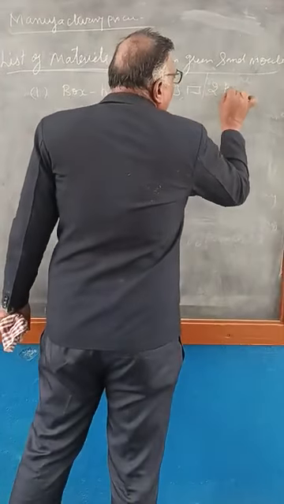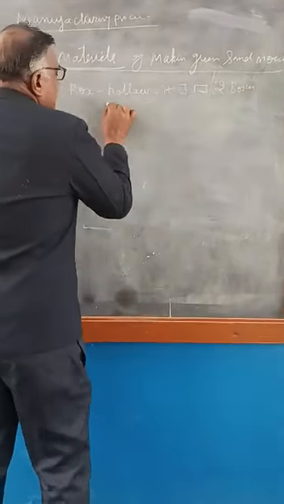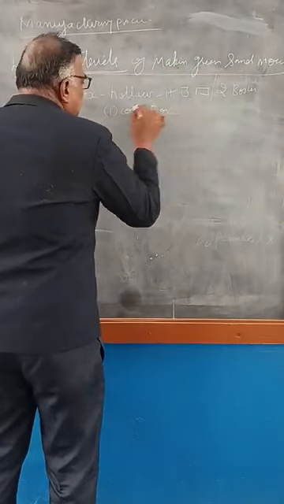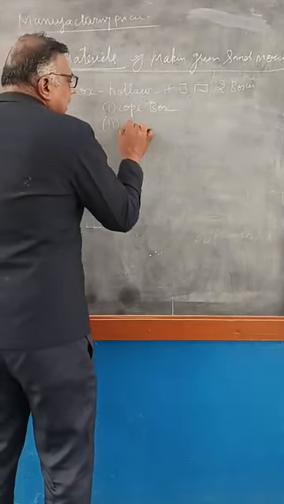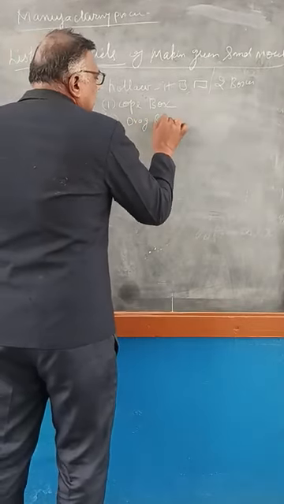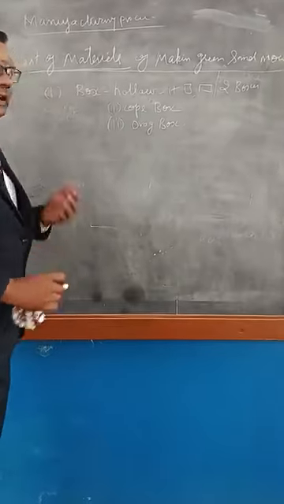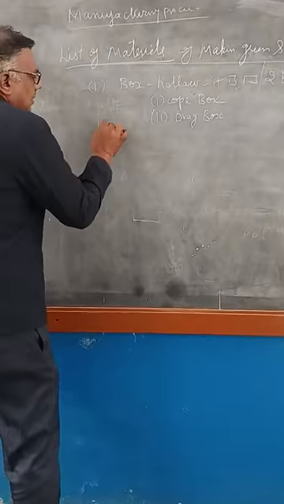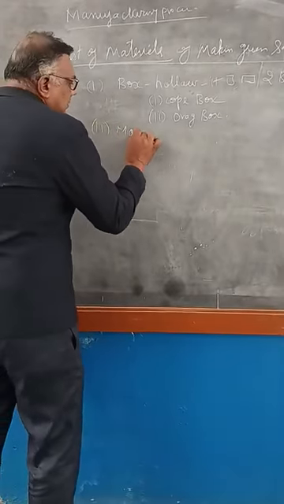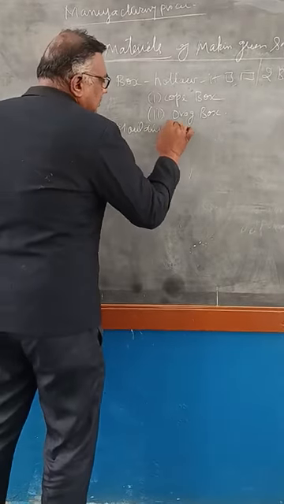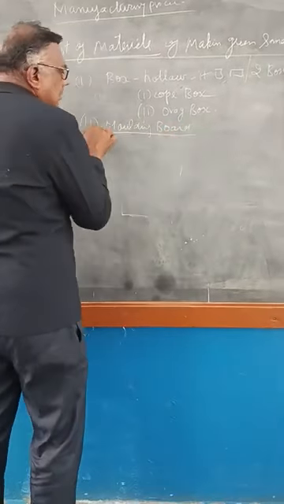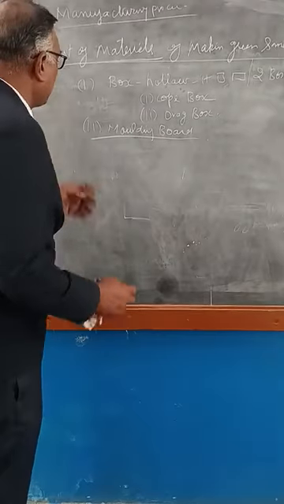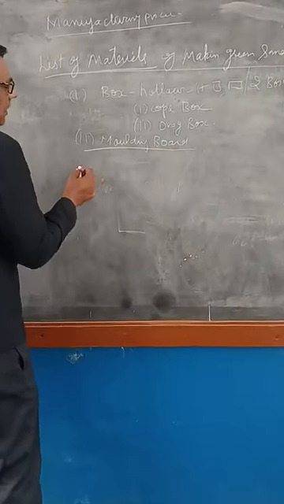We are using two boxes: the first is called the cope box and the second is called the drag box. Next is the molding board. The two boxes are placed over the molding board.